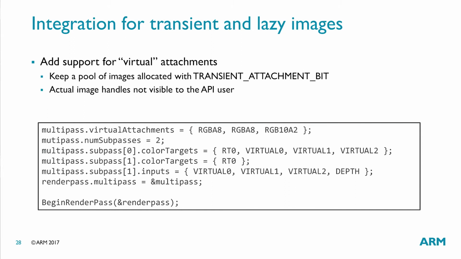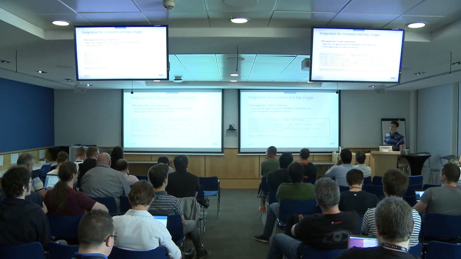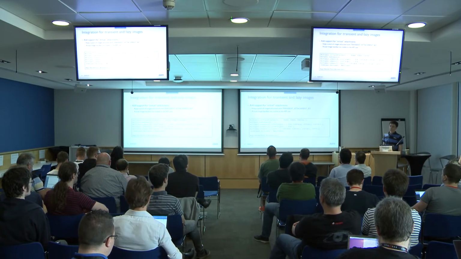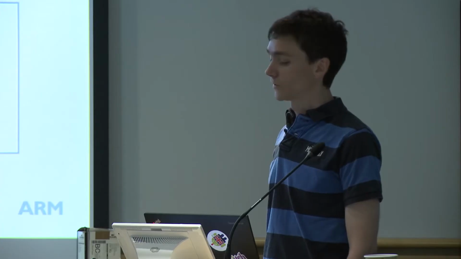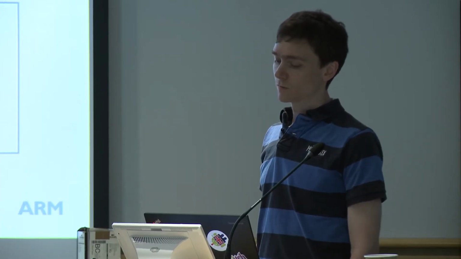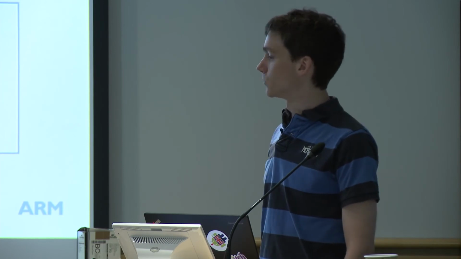To deal with transient images, we added a concept where a render pass would request virtual attachments. And they basically only serve as scratch memory for the gbuffer.